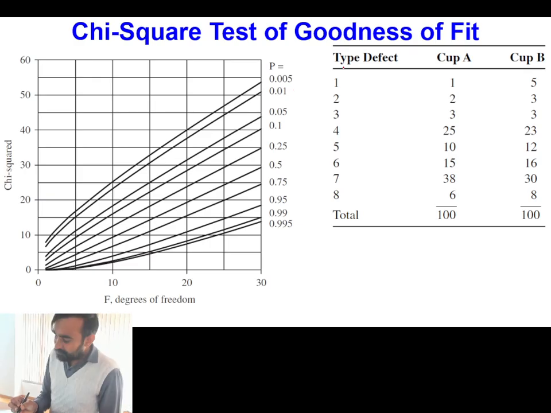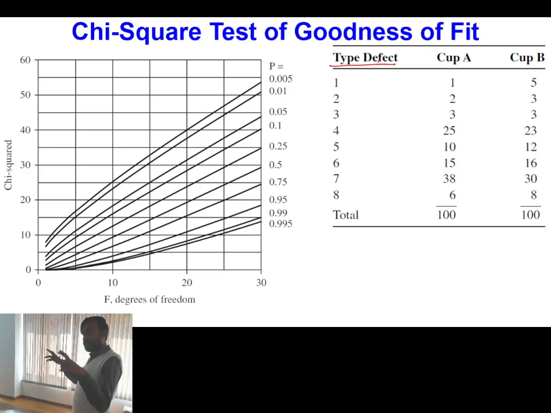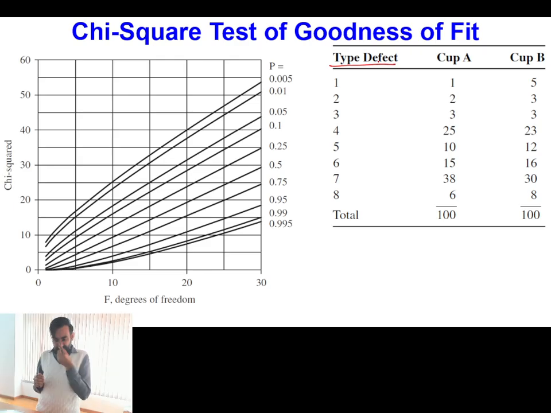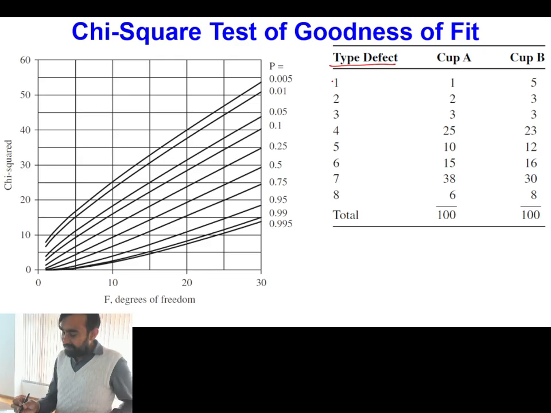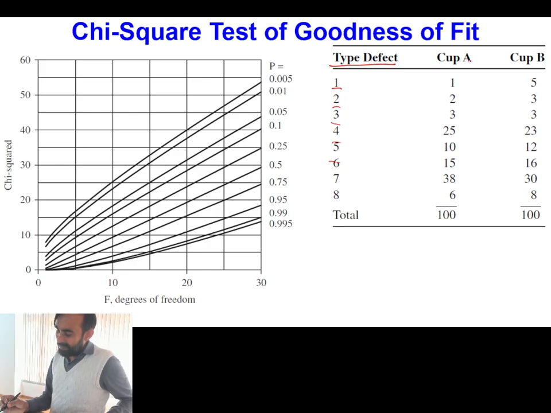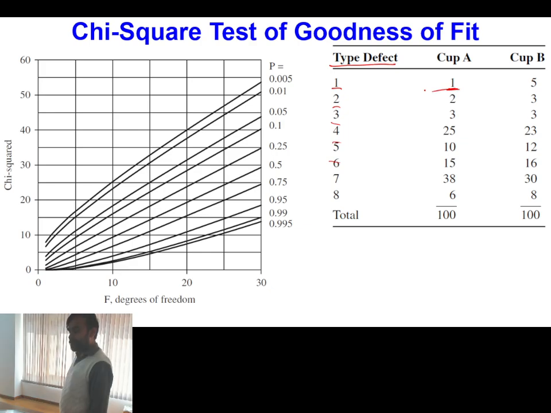For example, here I am having type of defect. So typically two types of cups are fabricated, and once the cups are fabricated, 8 different types of defects are quantified from a sample of 2 different cups. So in sample A, which consists of cup A, say first type of defect is present only in 1 cup.